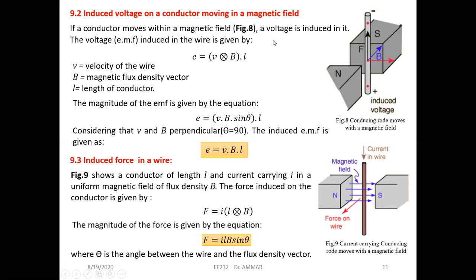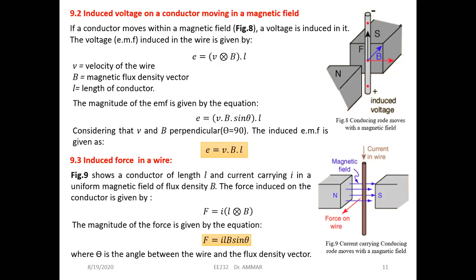The first case, if you remember, in the first session I told you, if we want to generate voltage, we can either move the conductor or move the field, the part that produces the field. In the first case, we are generating voltage according to time varying flux.